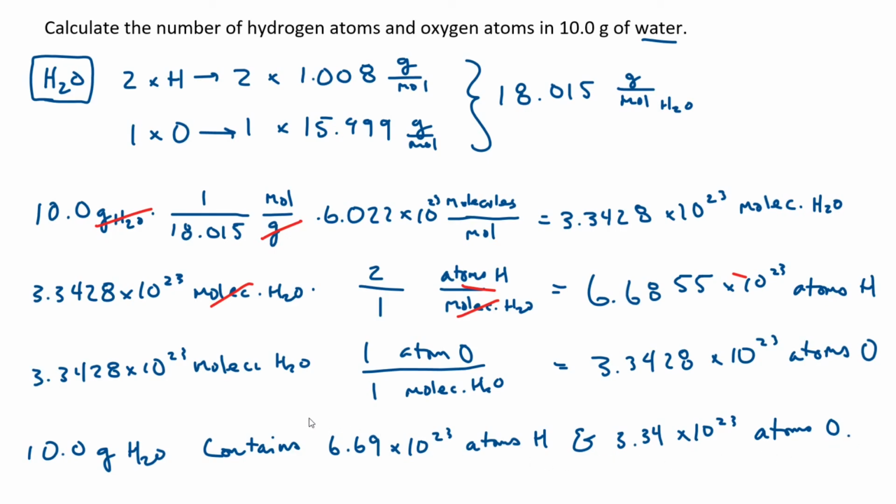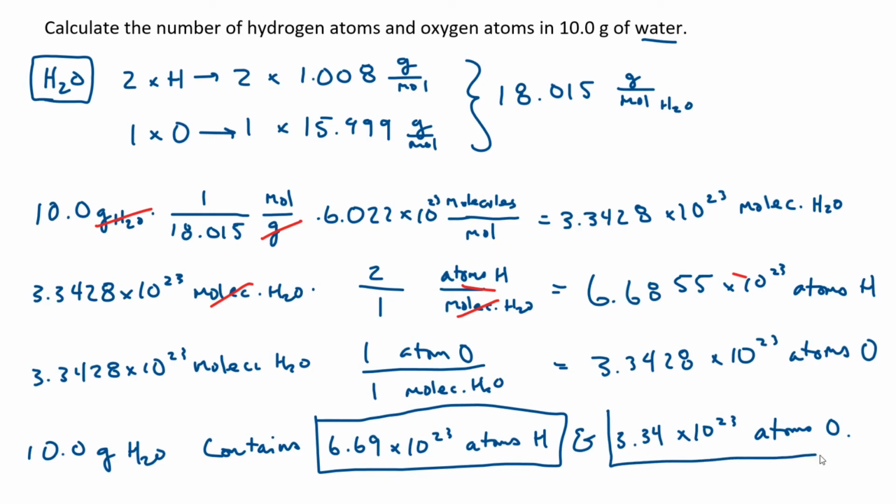Okay, and again, we can throw a box around our final answers to make it easy for whoever is marking it or giving us feedback to see, and we're done.